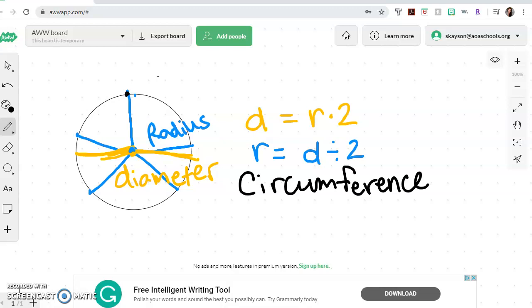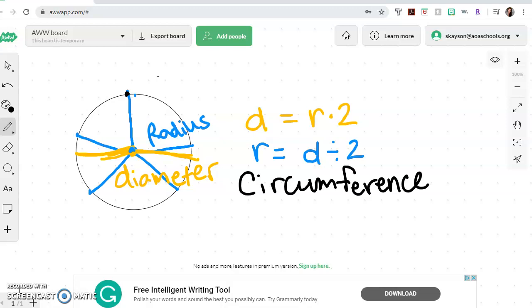When we count up the length of the outside of a shape, we call it perimeter. But with a circle, since it's all rounded, there is a special word for that and a special formula. The circumference is how long it would take to measure all the way around.